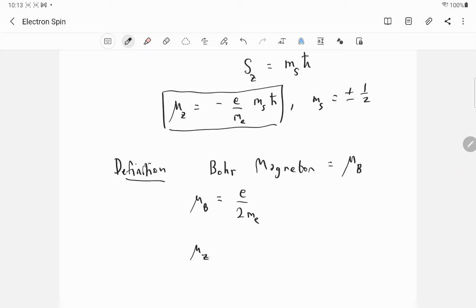this is the z component of the magnetic dipole moment of our little spinning electrons. M sub s can be plus or minus half, times h bar. So mu sub z can be plus or minus the Bohr Magneton, which excludes the h bar.